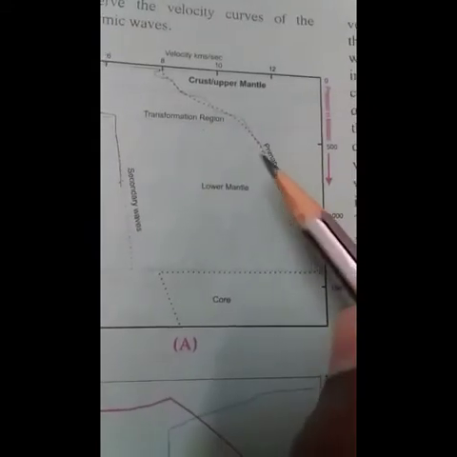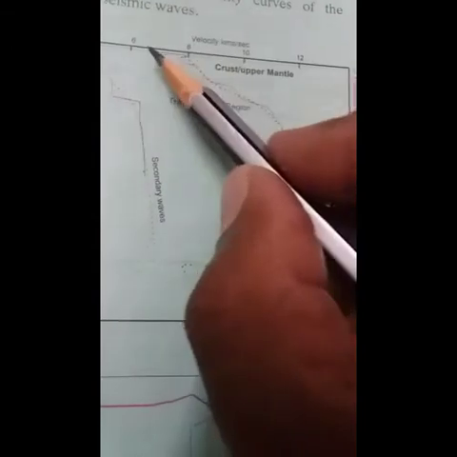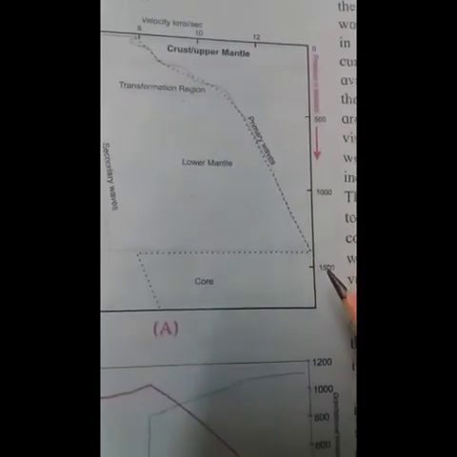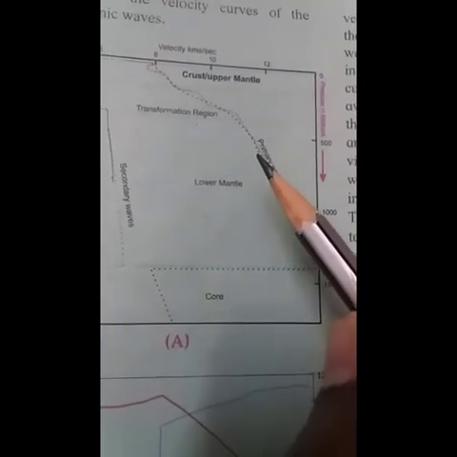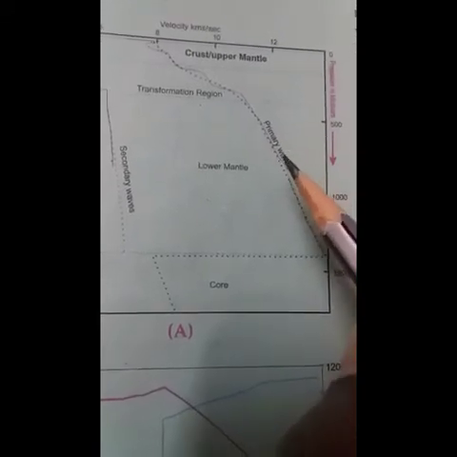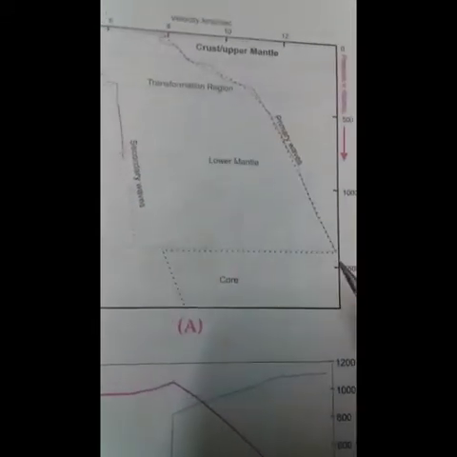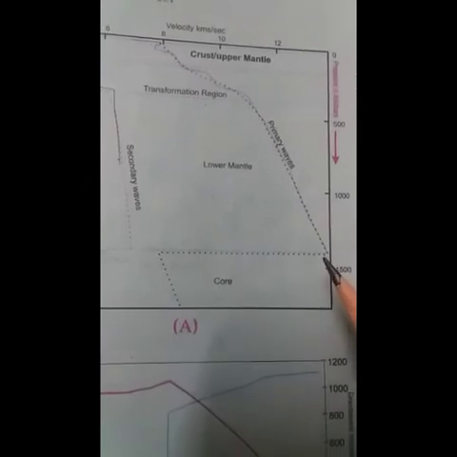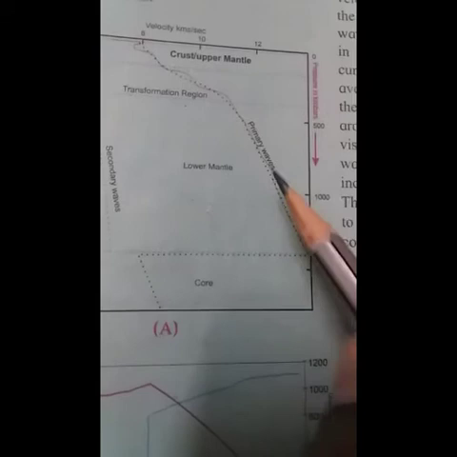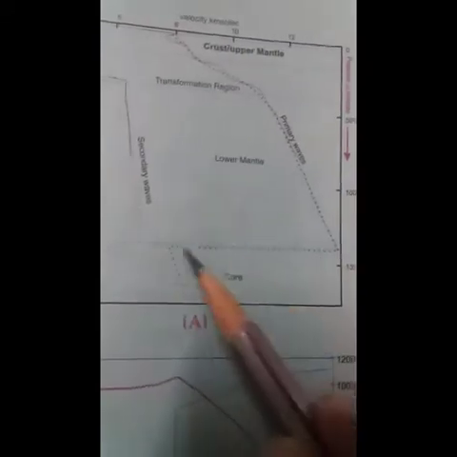Thus, from the surface to the boundary of the core, the velocity of primary waves increases, and at the boundary of the core, the velocity of primary waves reduces.